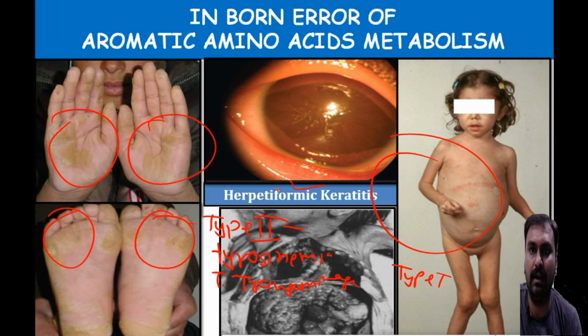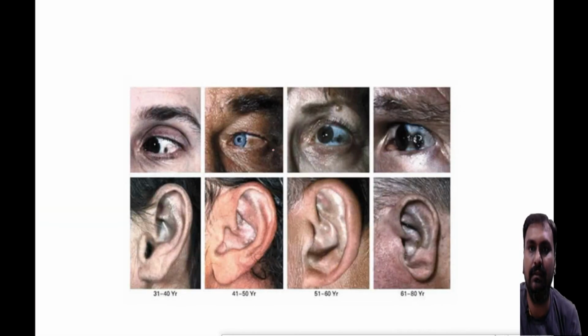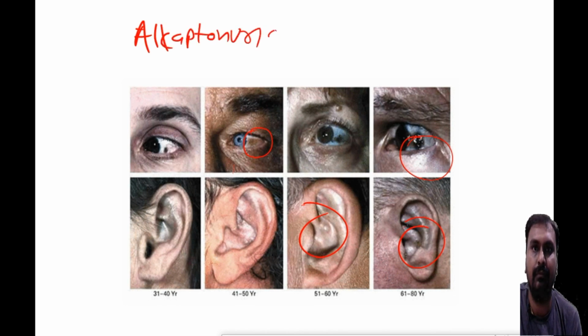Fumarylacetoacetate hydrolase enzyme is deficient. Okay. What is this? Black color pigment in the pinna and sclera. It is first deposited in the sclera. Okay. And it is alkaptonuria. Which enzyme is deficient? Homogentisate oxidase.